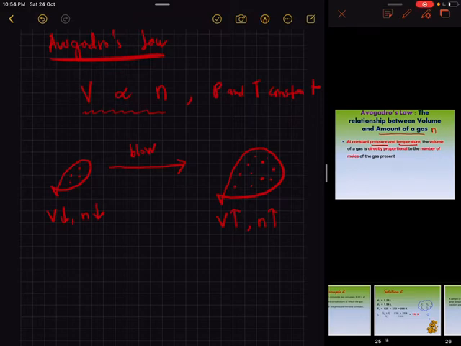So this relationship proves the relationship between V and N, where V is directly proportional to the number of mole of gas present.